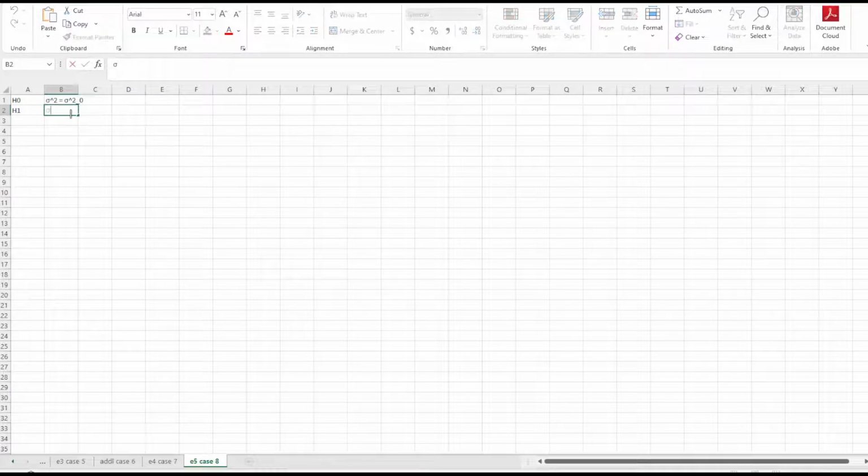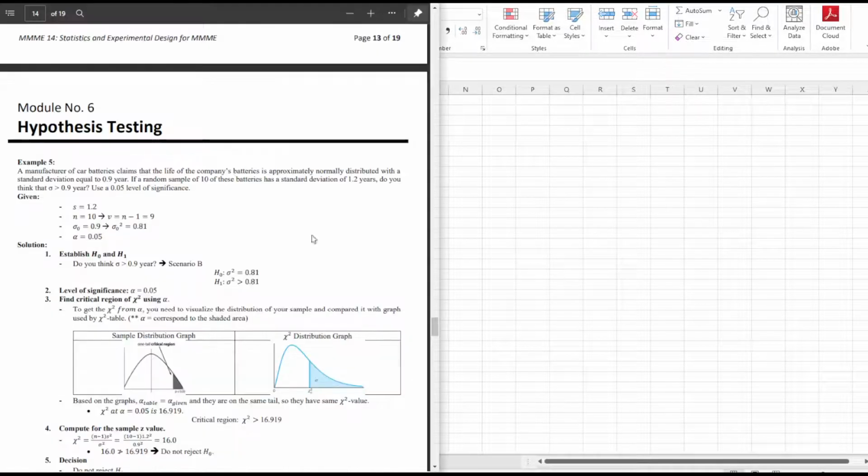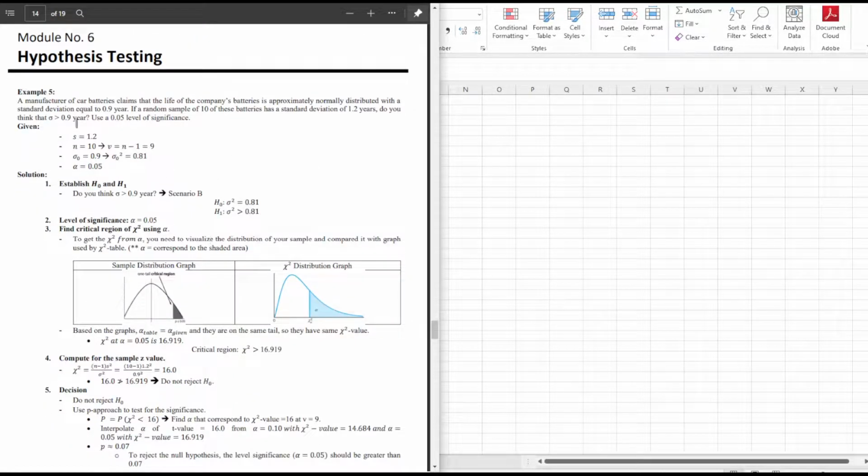Okay? Then the next one is, why is it automatic? Variance is greater than the, let me just copy this. Next is greater, because the problem says, do you think that sigma is greater than 0.9?